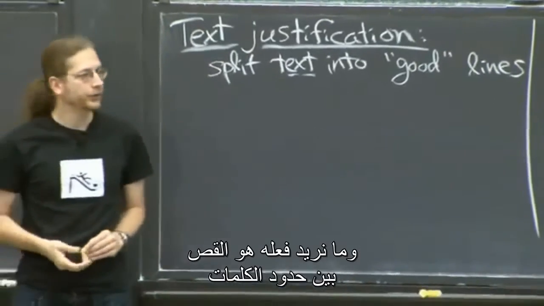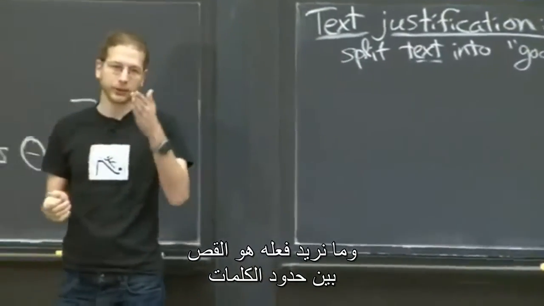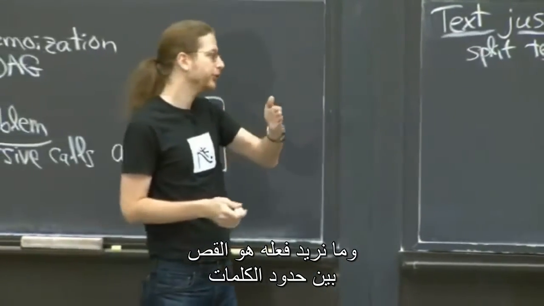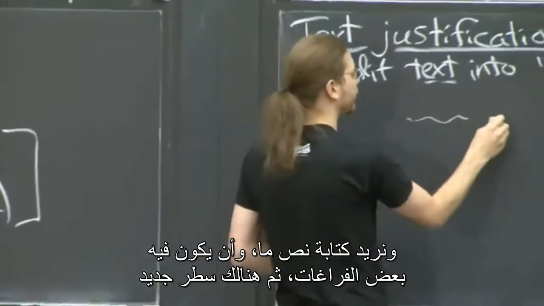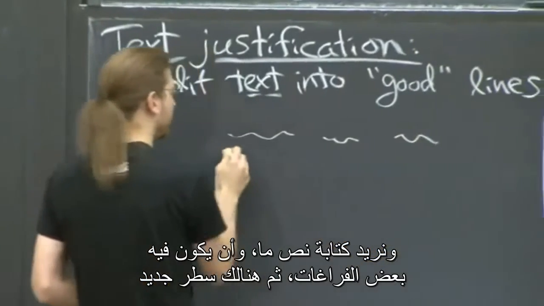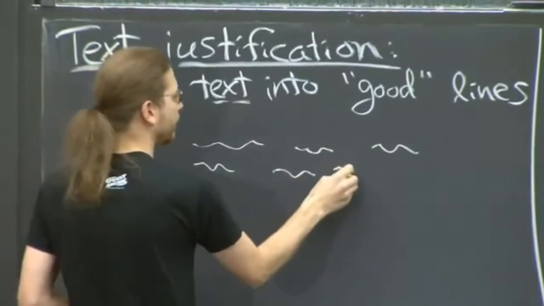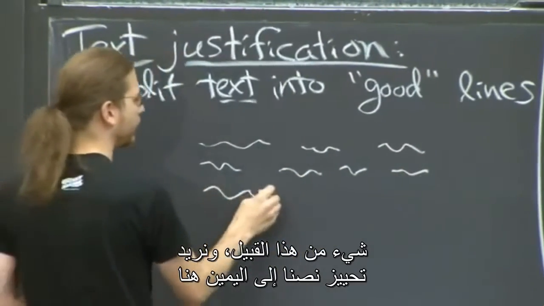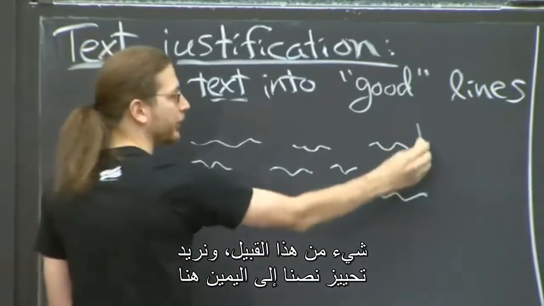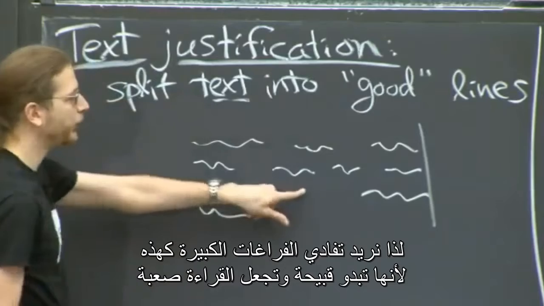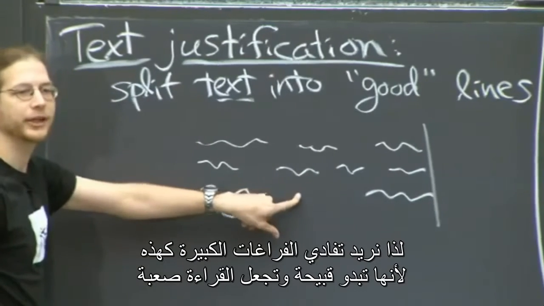We can only cut between word boundaries. We can have some spaces in a line, then there's a new line, something like that. We want to justify our text on the right here, and we'd like to avoid big gaps like this, because they look ugly. They're hard to read.